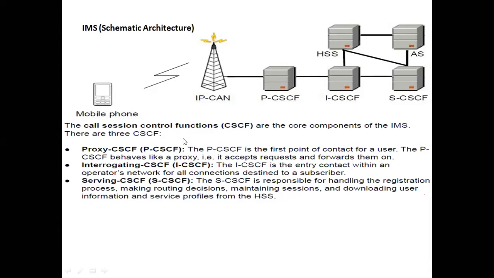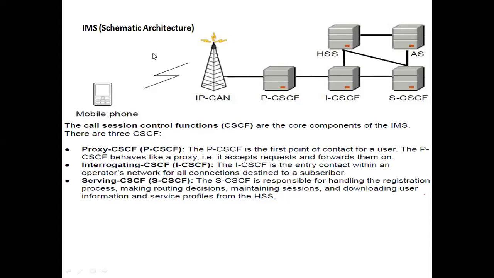There are three core components. In the IMS, as we already saw in the previous slide, the main entities are the SIP server and media gateway. In the SIP server, the P-CSCF, I-CSCF and S-CSCF are the three components included.